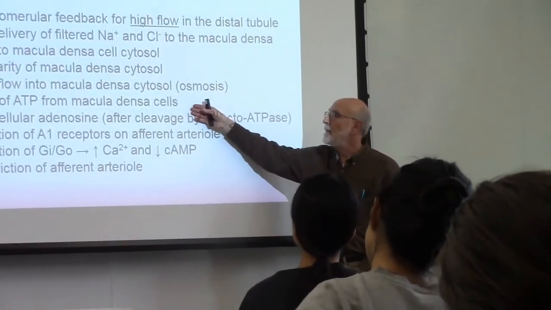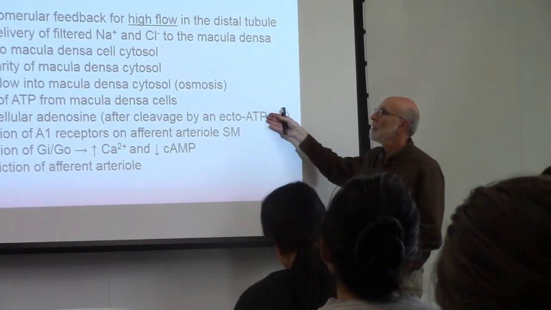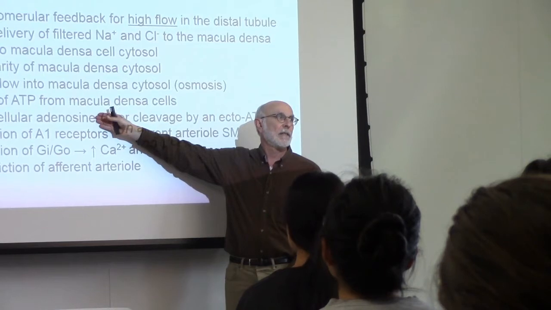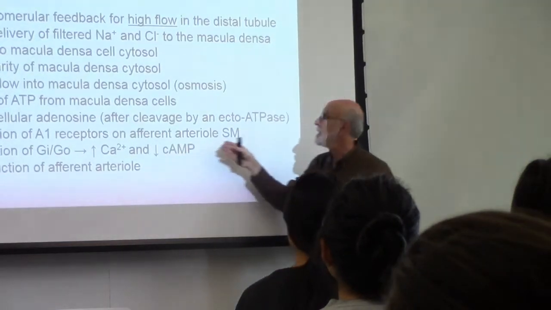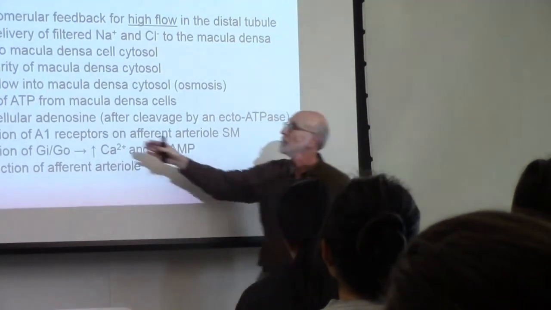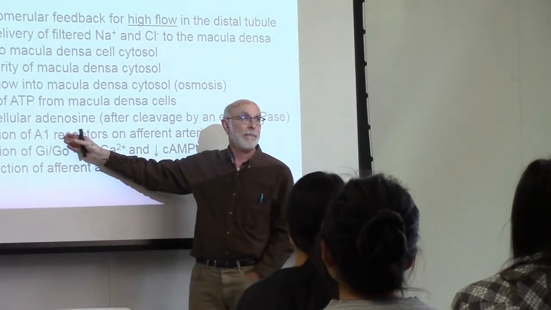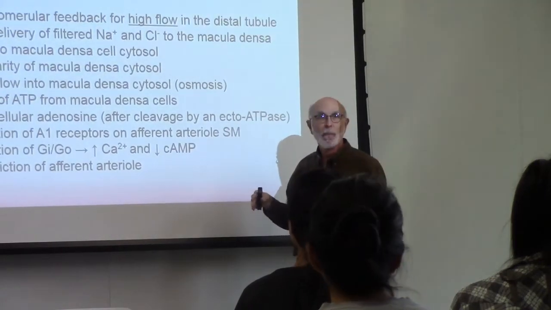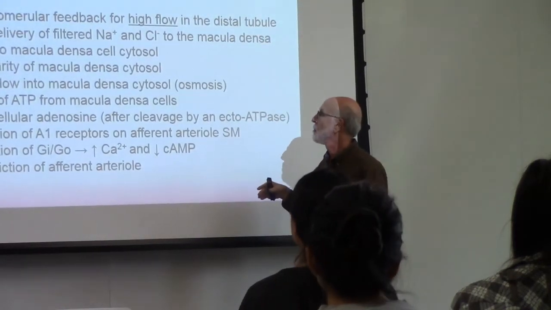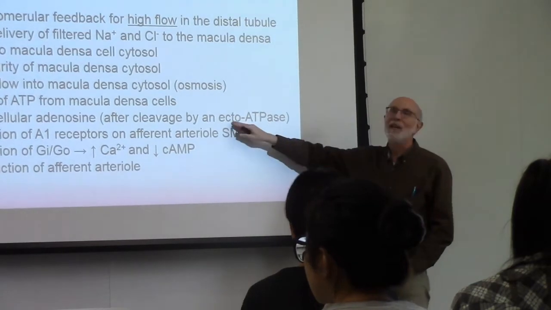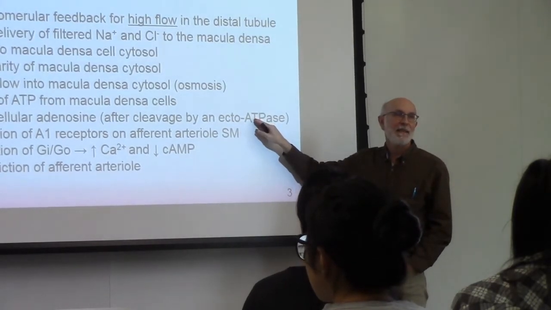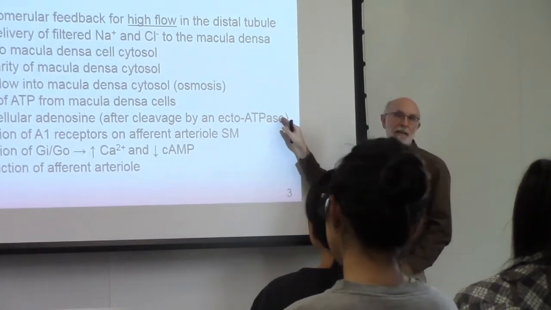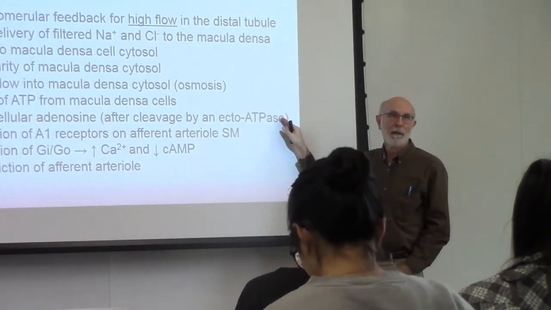The ATP is turned into adenosine, and adenosine is a ligand for a type of receptor, A1 receptors. Does anyone know what an ecto-ATPase is? Let's unpack this word. What's an ATPase? An enzyme.